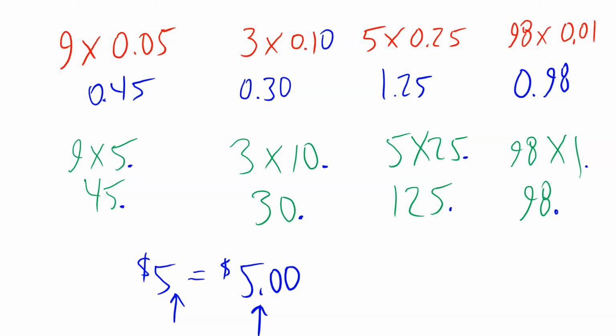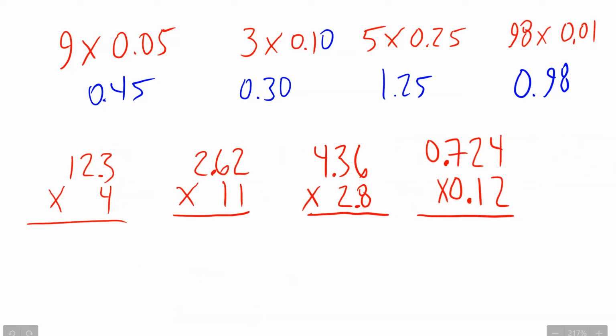And so the only question that remains is, where does the decimal go? So I get it. I understand. I need to have a decimal somewhere, and it's just like regular multiplication. Where does the decimal go? It's actually pretty easy. So what I'm going to do is look at my factors.